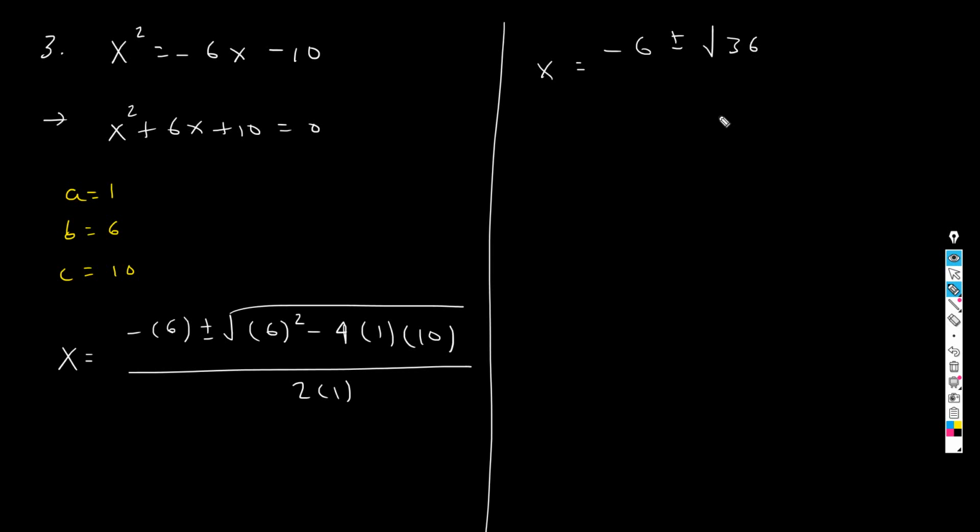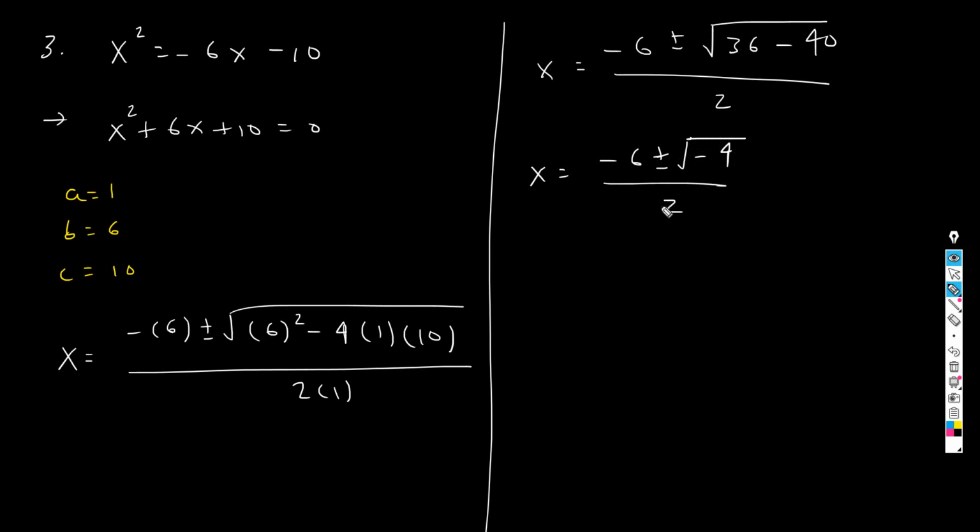We're gonna have the following, and you're gonna notice that we're gonna stumble upon a little problem, which is this. Look, this number inside the radical sign is gonna be negative.